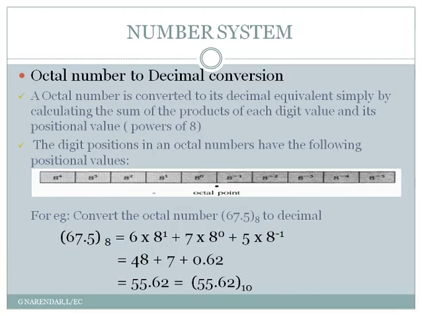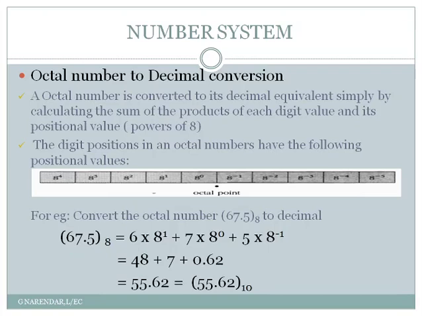What do you have to do? Take that octal number, and for each digit that you find, multiply the digit with its corresponding position value. You will get a number of products depending on how many digits are present in the octal number, and sum all those products. You will get the equivalent decimal number.